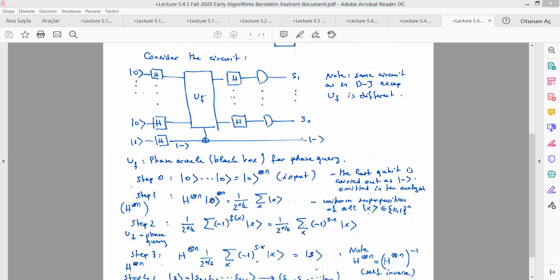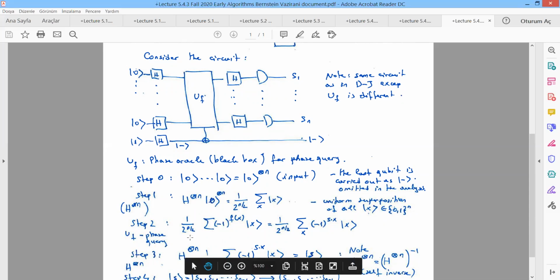Step 2, remember, is the phase query. We apply this phase oracle, and as we discussed, the output of the phase oracle is this normalization constant times a linear superposition of all ket x states, but with phases (-1) to the f of x.